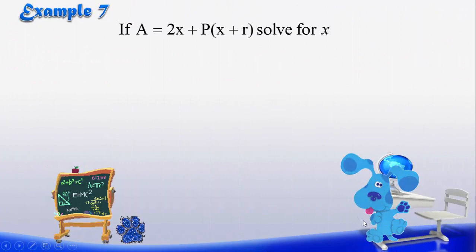In example number 7, if A is equal to 2x plus P times x plus R, solve for x. So let us go over to the whiteboard and solve this example for x.